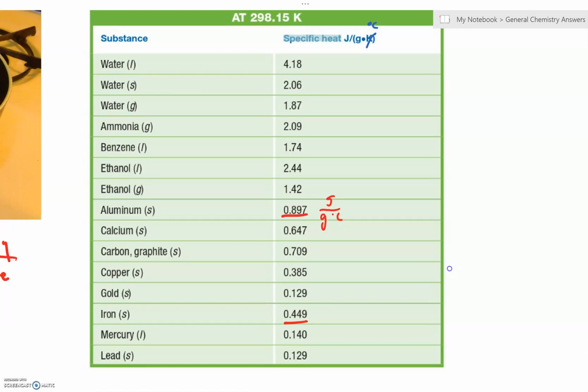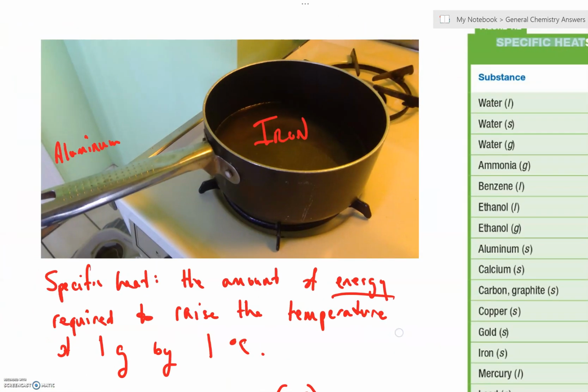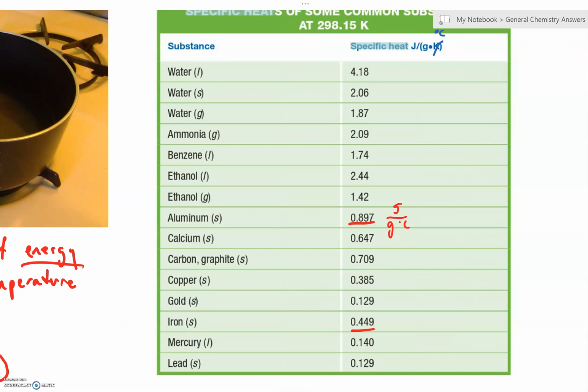So if our pot is on our gas stove here, and the water is boiling because the iron is hot enough to make the water boil, that is not enough energy to make the aluminum as hot. So you can grab this part, no problem. If you grab the iron, however, that same amount of energy coming off of our gas stove will make the iron way hotter than the aluminum, because iron only requires half as much energy, 0.449 joules per gram degrees Celsius.